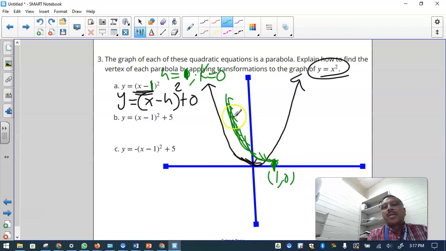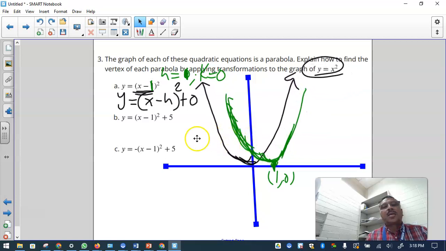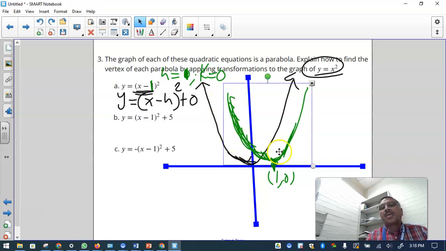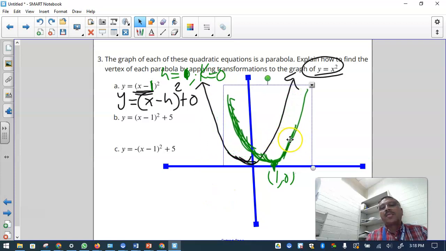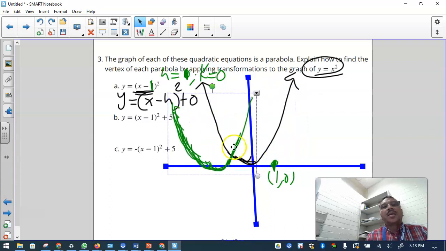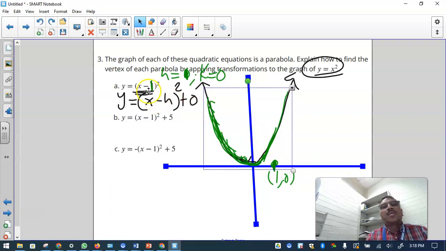The original graph was here, right? Now it shifts 1, because h is 1, so it moves one place. You can also remember that if there is a -1 here, it means the graph shifts one place to the right.